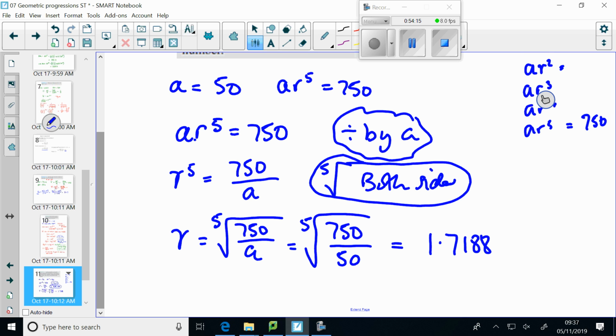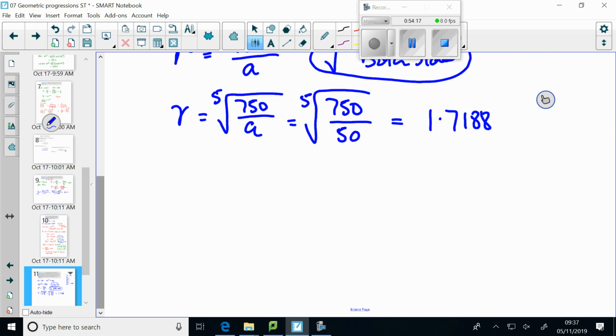Now we want to know what each of these terms are. So, first term, A is 50. Yeah.